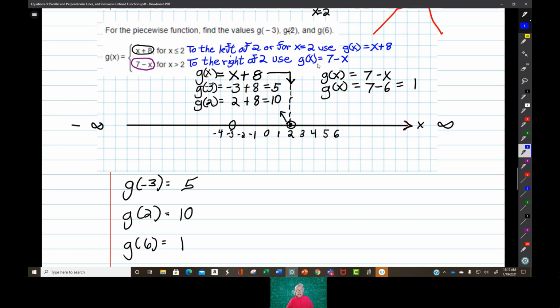And that's all there is to it. Evaluating a function, but this tells you which side of a particular number to use for the evaluation. Let's do it again.